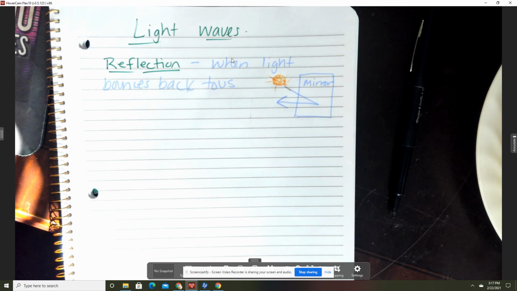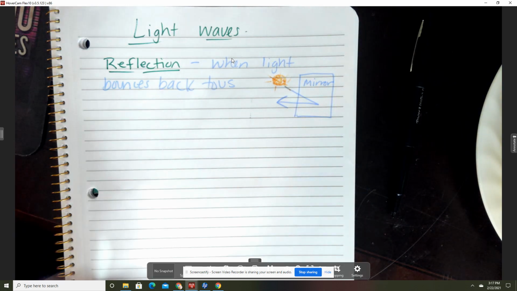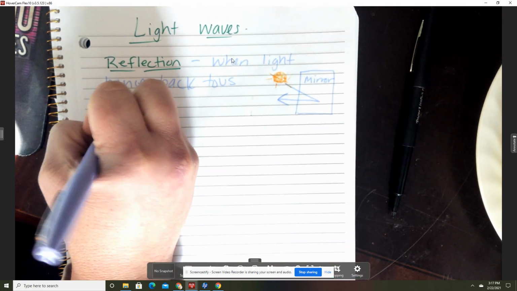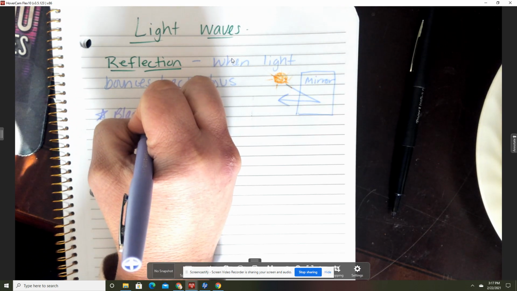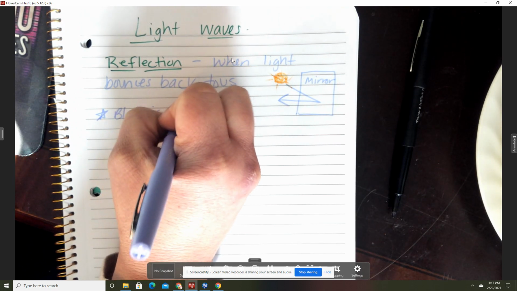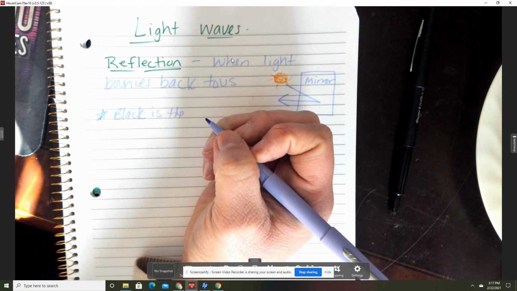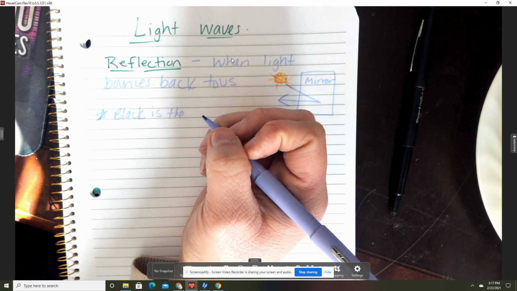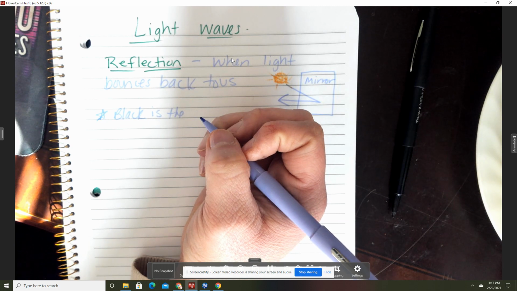So the color black is actually the absence of color or reflected light. Like I'm wearing black pants right now, and the black pigment is not reflecting any light.